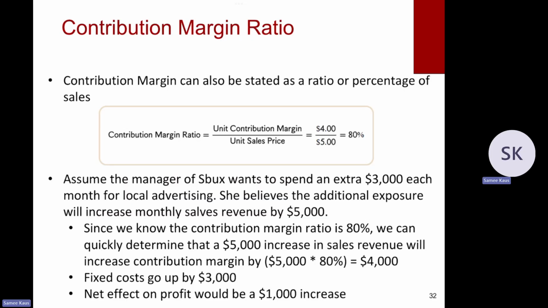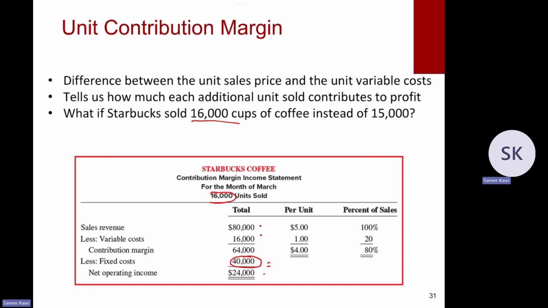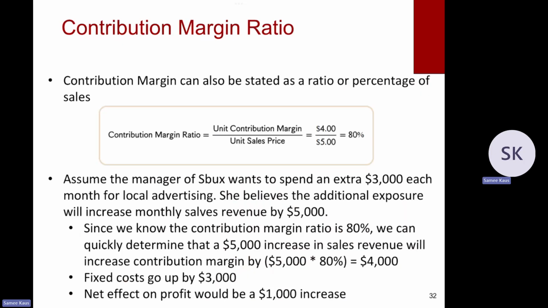Remember, down here I have my contribution margin equal to $4, and that's the same regardless of the number of units I sold. So I have my $4 divided by my sales price of 5, which gives me 80%. So in this case, the Starbucks manager is saying, I want to spend an additional $3,000 a month for local advertising.